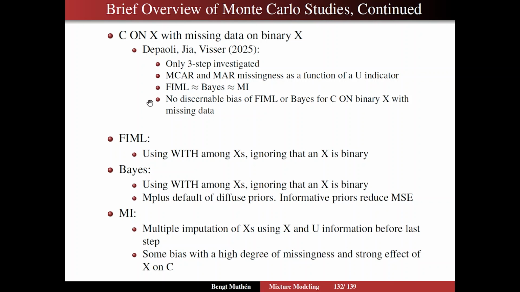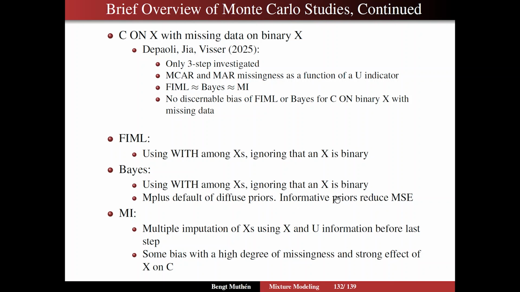So that supports the notion that the approximation treating the binary X as continuous normal is all right. FIML uses the normal model among the X's, ignoring that X is binary, and the way they did Bayes was the same way. They used the Mplus default of diffuse priors, that is, uninformative priors.